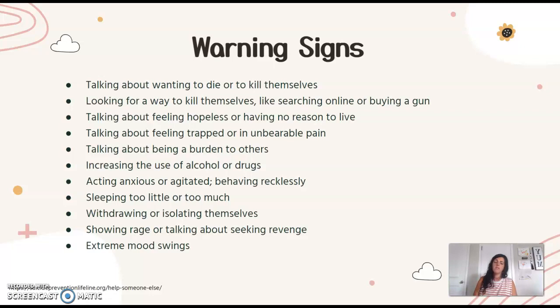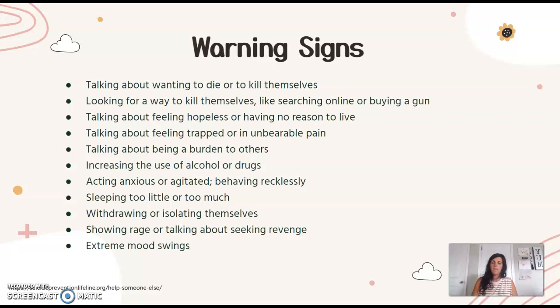Showing rage or talking about seeking revenge. We consider anger a secondary emotion, and so sometimes when someone's showing anger or rage, it's masking a deeper emotion, usually sadness or depression, and so anger can be a sign that there's something deeper going on that needs to be addressed. Again, not with you, but with a professional in a counseling setting.